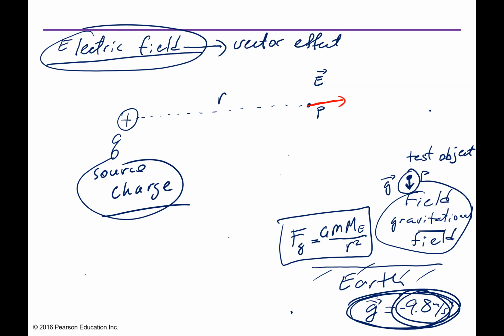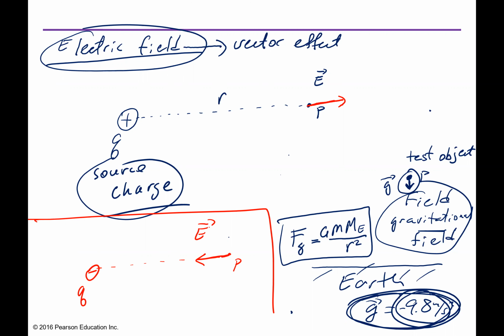But if my source charge is negative, and I choose some point P, and ask what is the electric field at that point P, at least in terms of representing it as an arrow, then the electric field will be toward the source charge. So that's how the electric field works.